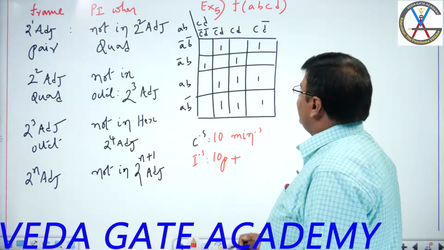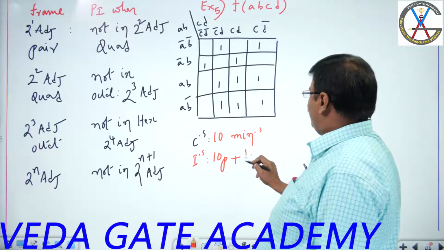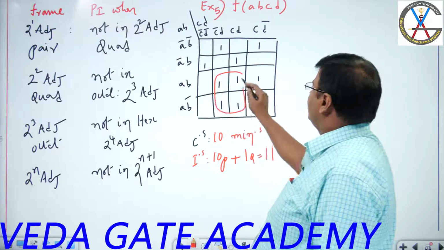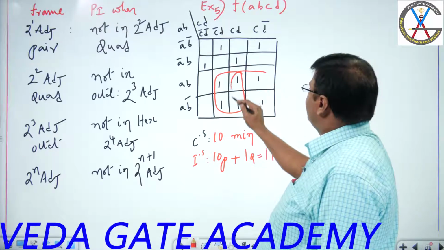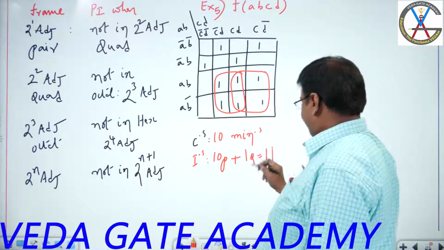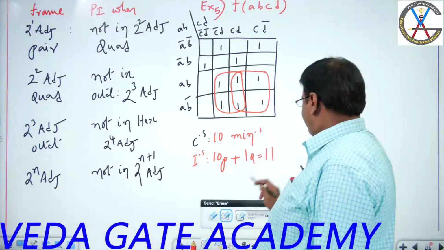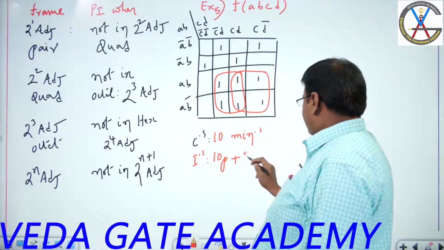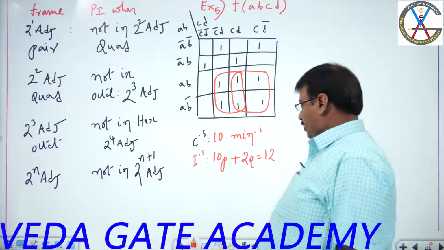Excellent. Quads, I hope it is a single quad. One quad, so totally 11 implicants. Single quad, I'm sorry, two quads. Ten pairs plus two quads, 12. Now come back to the prime implicants.